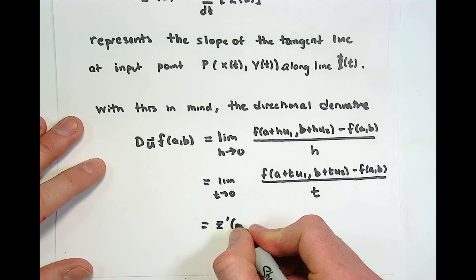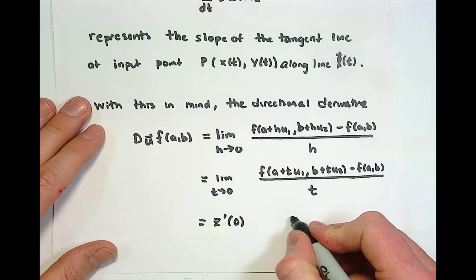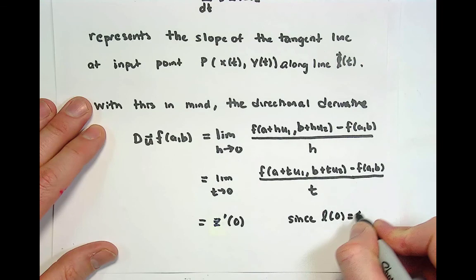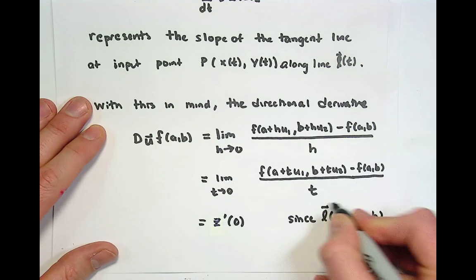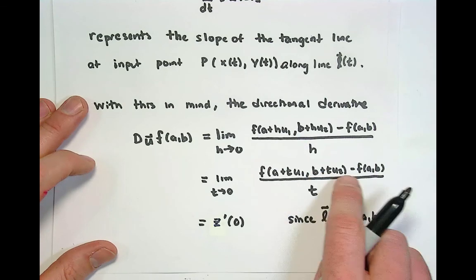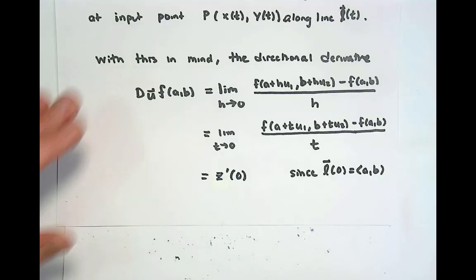z prime at 0. Because notice that if you put in 0, you would have a comma b. L of 0 equals the point a comma b. And then we're just going to let our limit go along u towards that point. Okay, well, we have seen something quite special here.